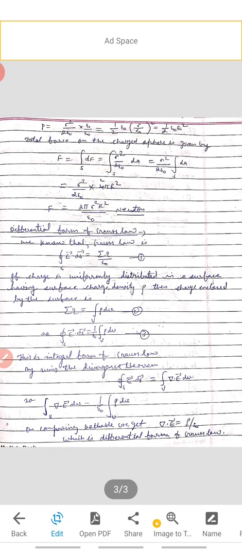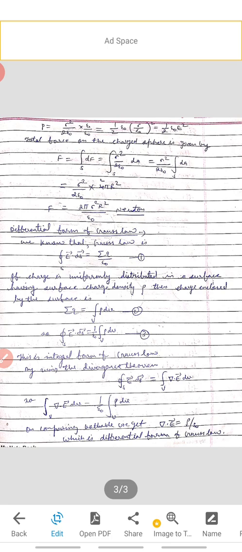If we put the value of surface integral dA, which is equal to 4 pi r square, then we get F is equal to twice pi sigma square r square upon epsilon naught newton. This is the formula for force.